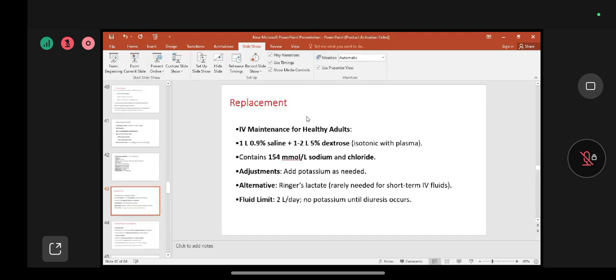For replacement of fluids: 1 liter of 0.9% saline plus 1 to 2 liters of 5% dextrose, which is isotonic with plasma and contains 154 millimole per liter sodium and chloride. If there is hypokalemia, then we add potassium as needed.